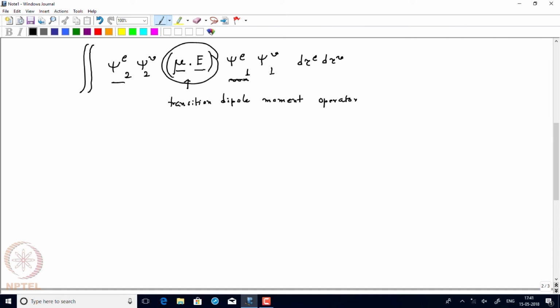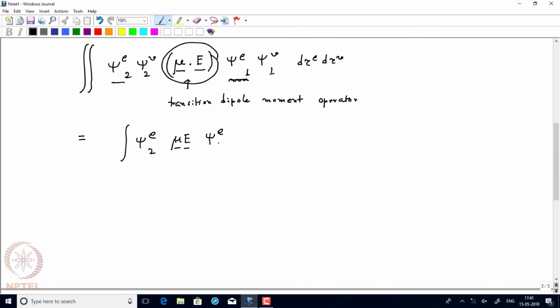So I can actually separate out the integral, and what I can write is that this integral is nothing but electronic coupling mediated via this mu dot E, and between the ground electronic state and the excited electronic state.